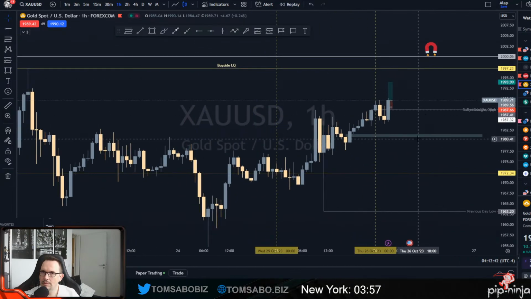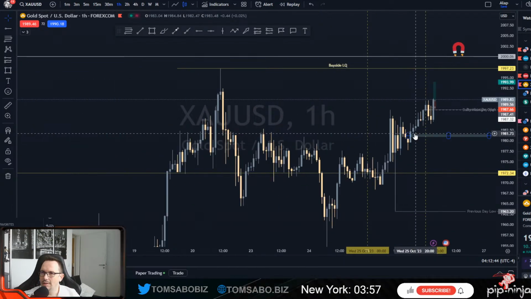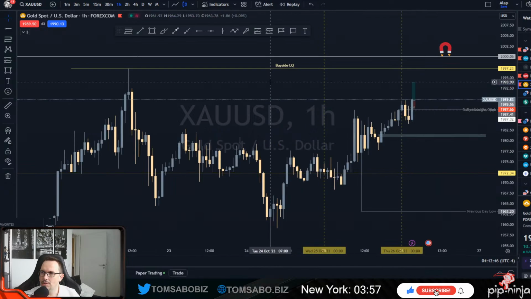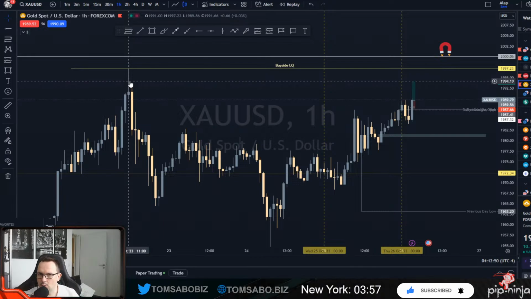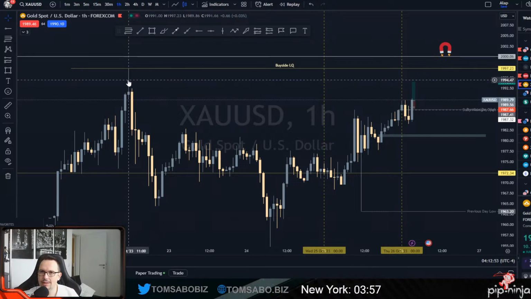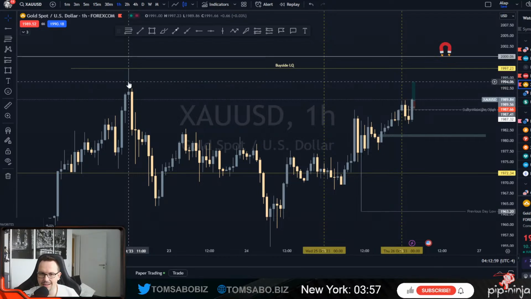So my target would be somewhere around the consequent encroachment of this hourly candle. Yeah, exactly. Unbelievable. From 1810. Wow. Quite a run, right? Quite a run.